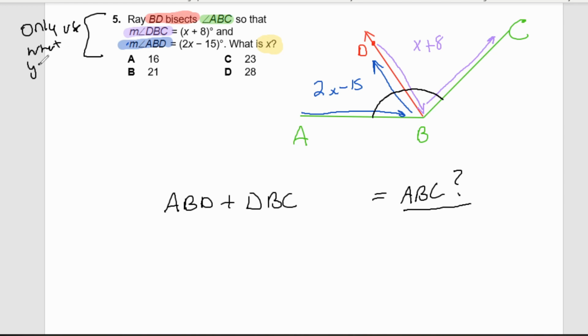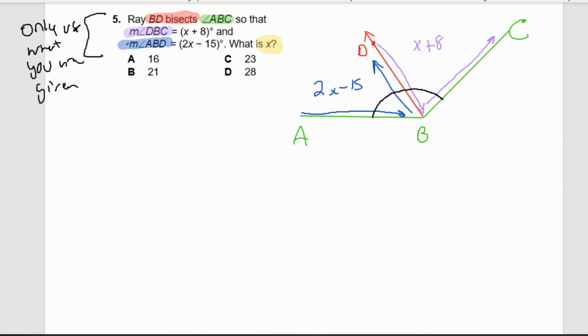So now I have to think about, what do I do to prove this? Well, I do have something here in my directions, and this is why I highlighted it. It's in red. It says ray BD bisects ABC, so that I get angles DBC and ABD. And what that means to me is those angles that are created are equal to each other. So let me do that in their colors. Now let me do a darker green.